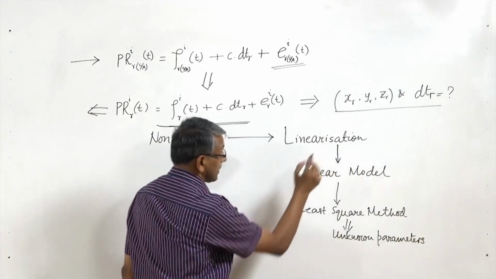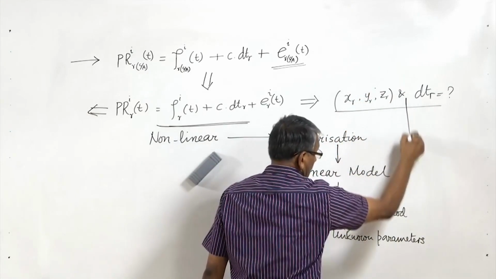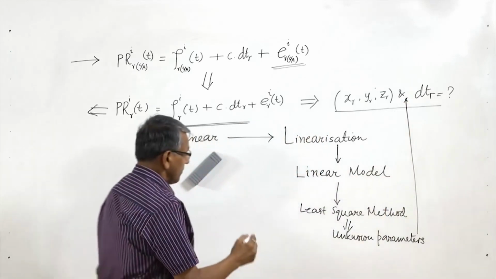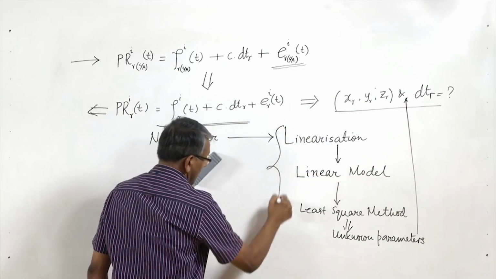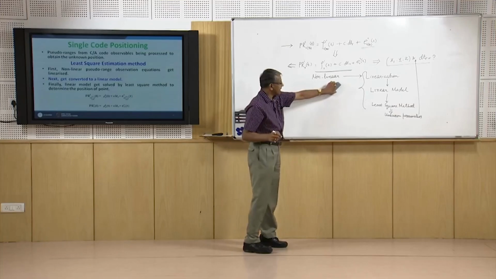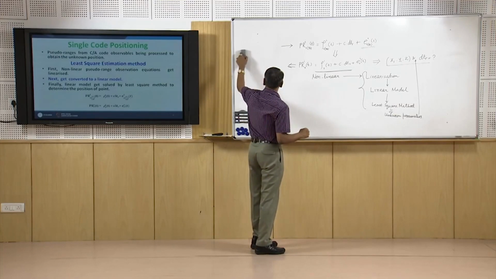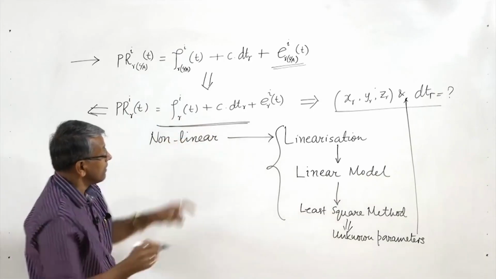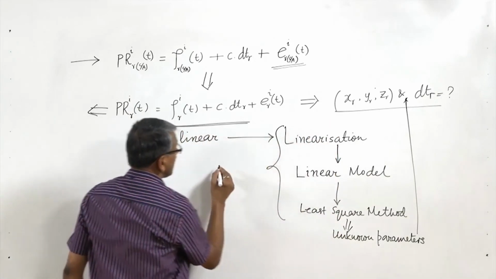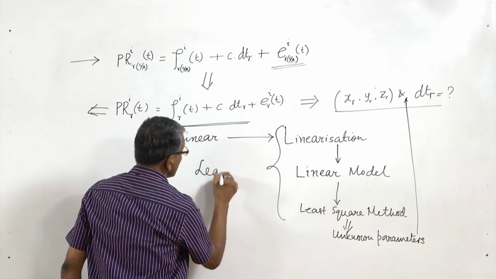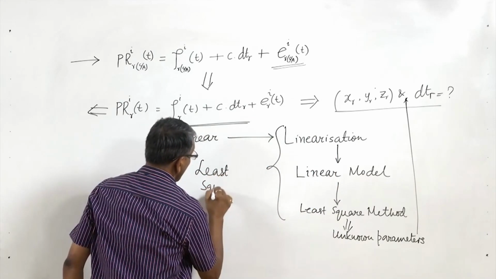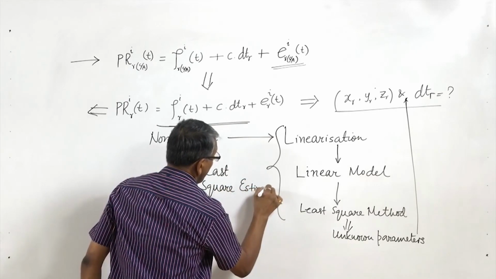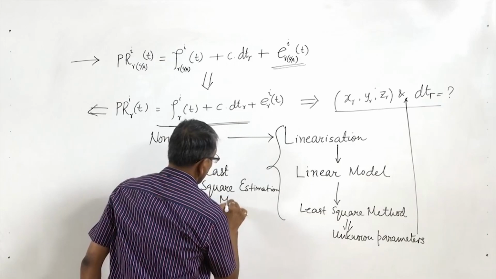So, these are the 3 main steps to be taken to convert the code pseudo range observable to unknown determination by the least square estimation method.